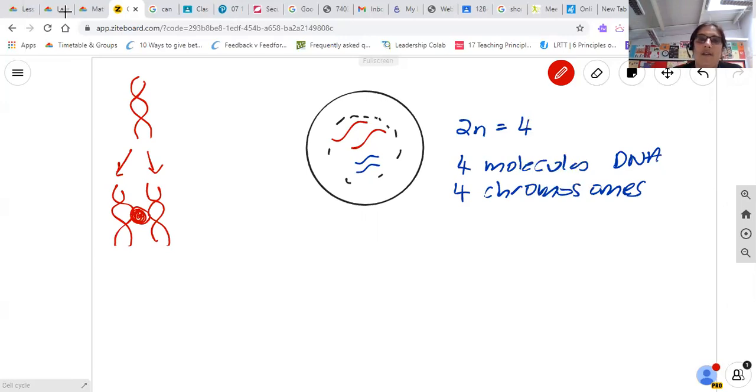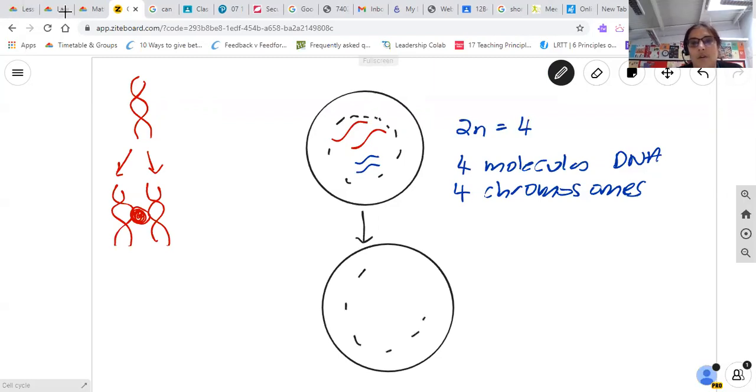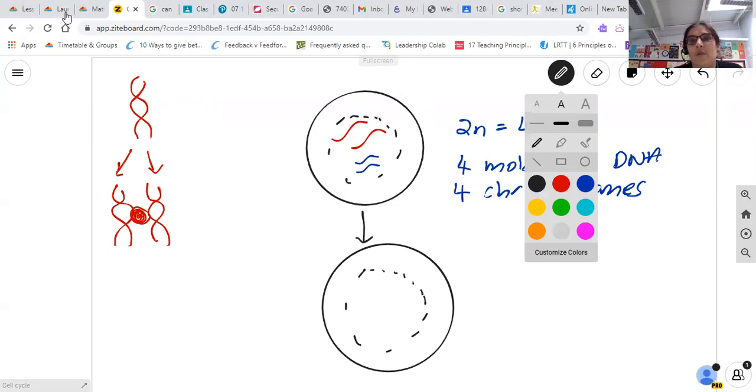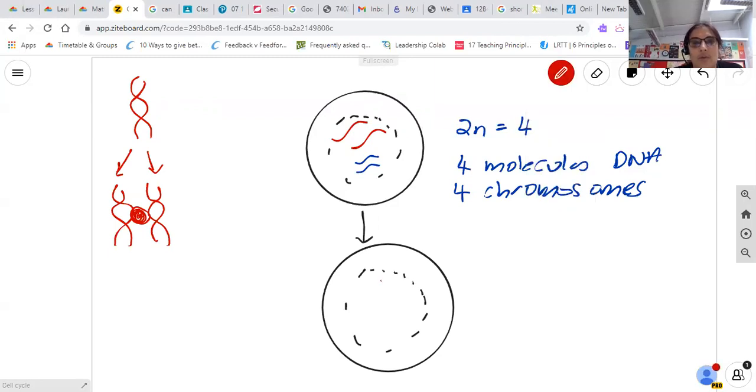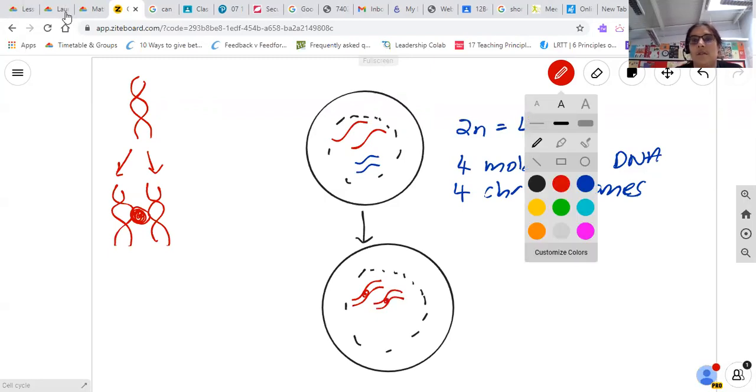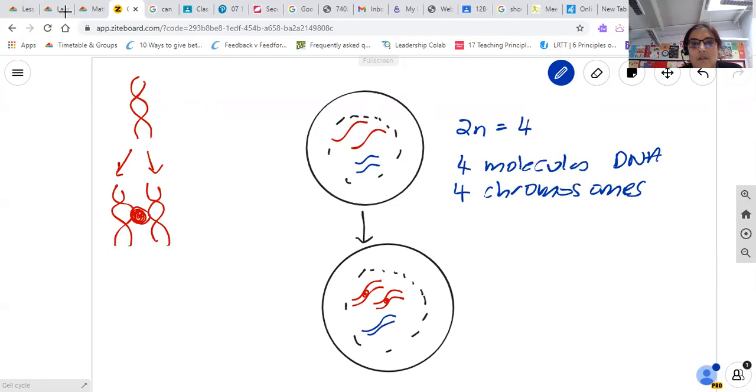So if we look in terms of the picture, we have our cell again, like so, with our nucleus inside it. But now if we look at the chromosomes, what we actually see is they're looking like this. 2 red ones, and 2 blue ones.